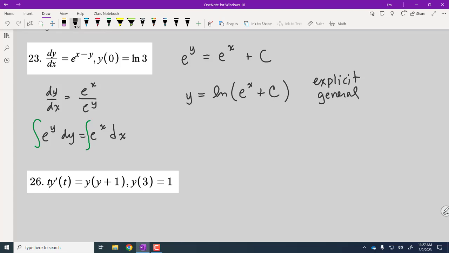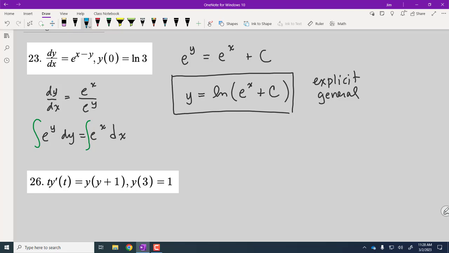There's nothing we can do there. We can't distribute that log. That's as far as we can go. There's no more simplification here. If it was the natural log of a product, then we could separate it into a sum. But it's not, so we have to leave it like that. All right, so there is the first part of this.